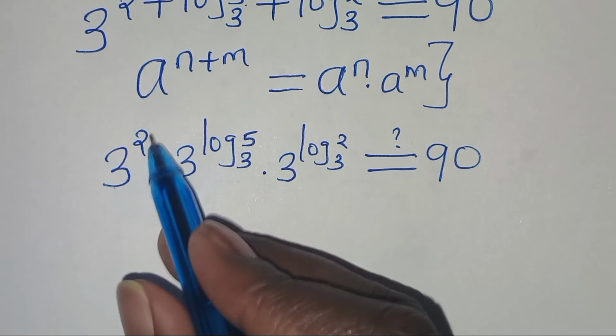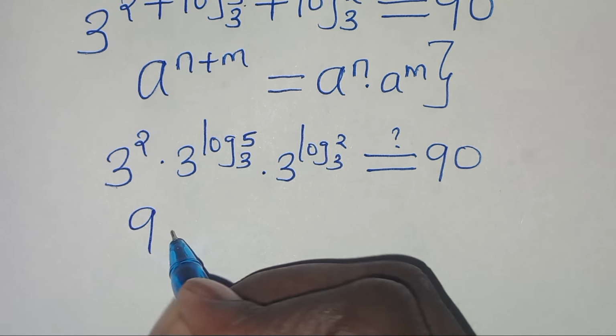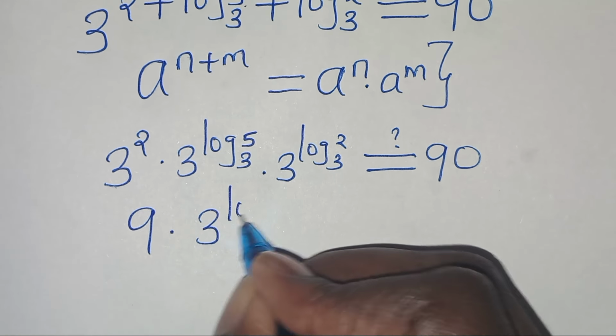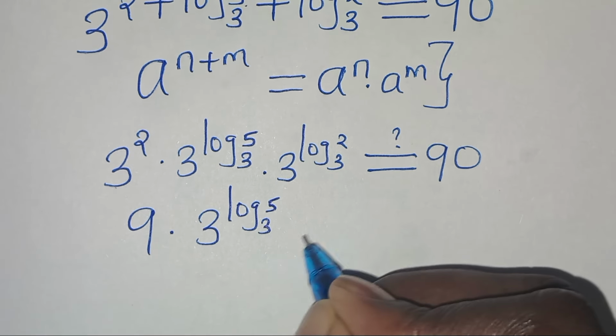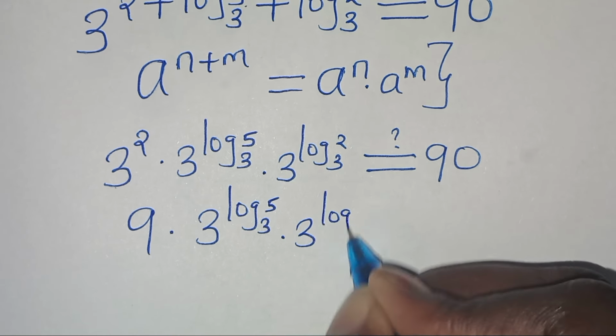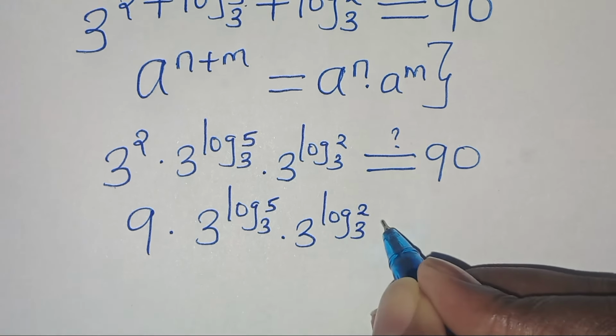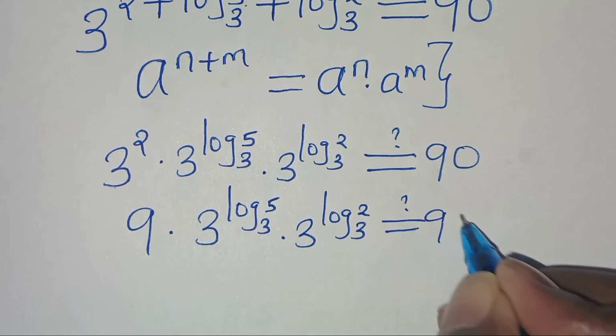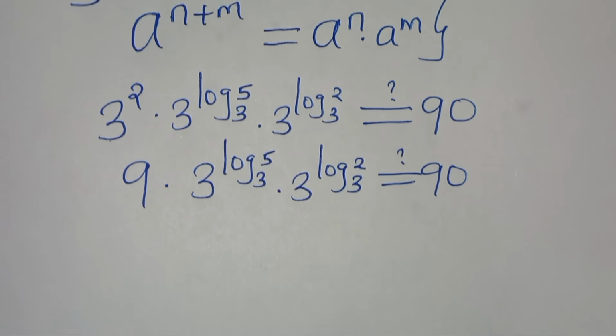So here we have 3 squared, which is 9, times 3 to the power of log 5 to base 3 times 3 to the power of log 2 to base 3.